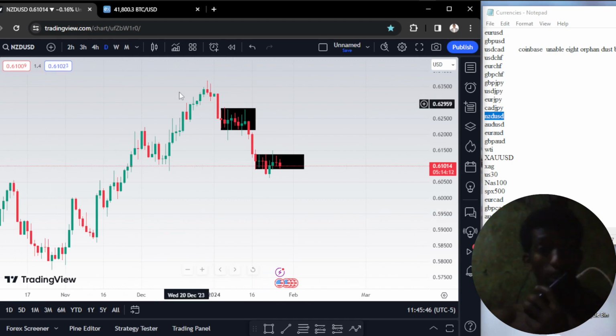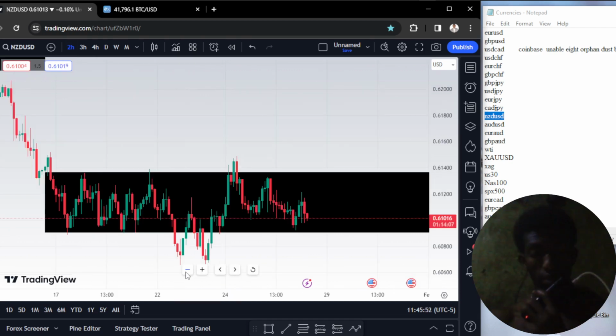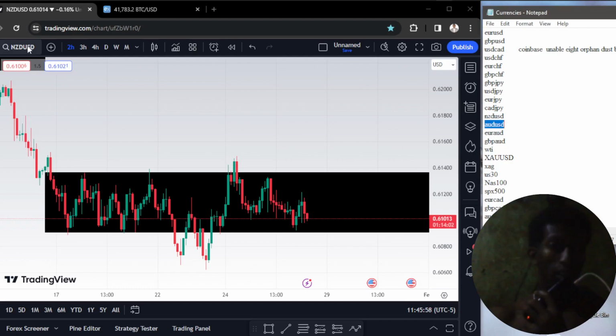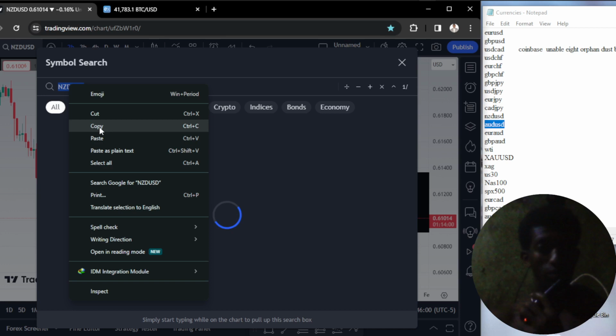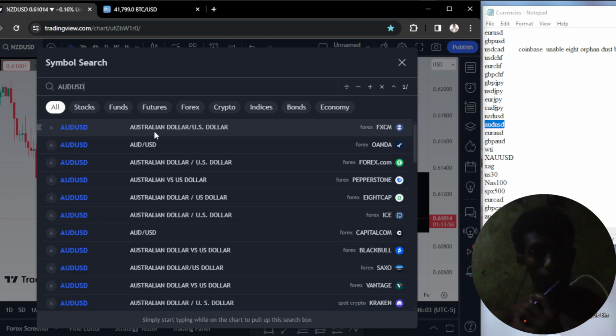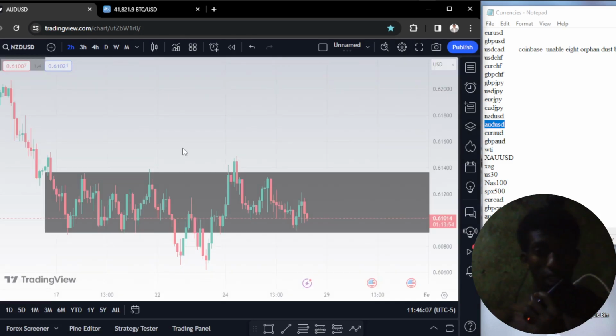Let's come back to the 2 hour and find our trade before the time runs out. This is NZD USD. Let's see Aussie dollar. I'm using OANDA, not FXCM, because OANDA matches with MetaTrader.